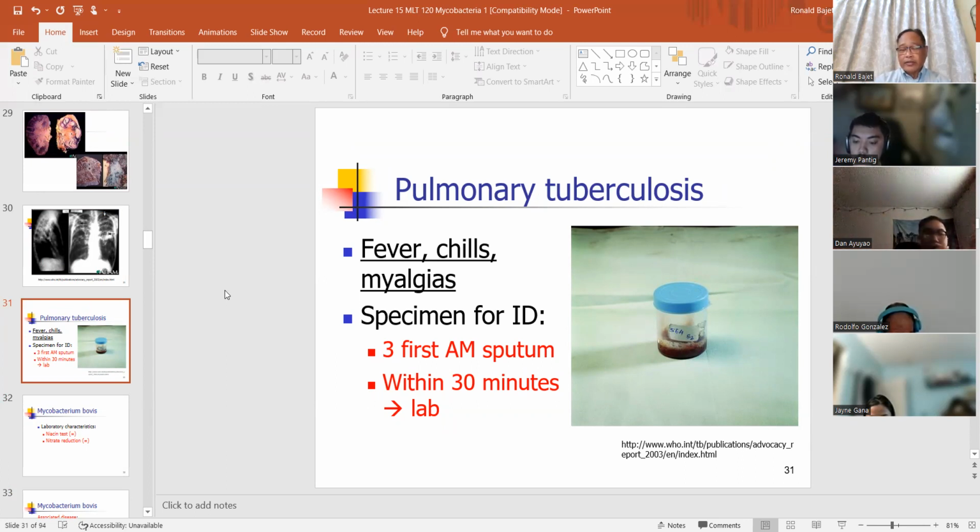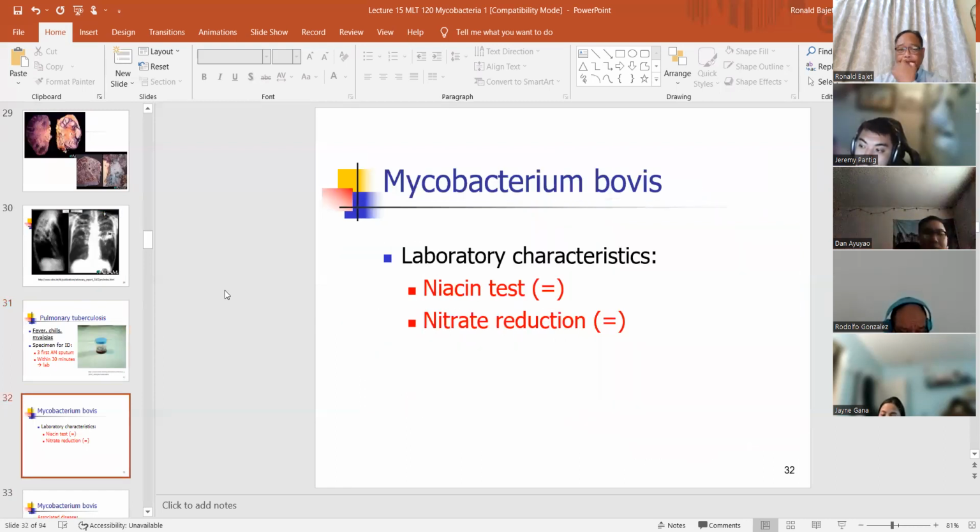Day 1, he'll say cough up three times. Day 2, cough up three times. And day 3, cough up three times. Once you do your third specimen, you have to bring it to the laboratory within 30 minutes. So you want to get a good representation, and you want to capture the organism while it's in your lungs. So those are sputum specimens.